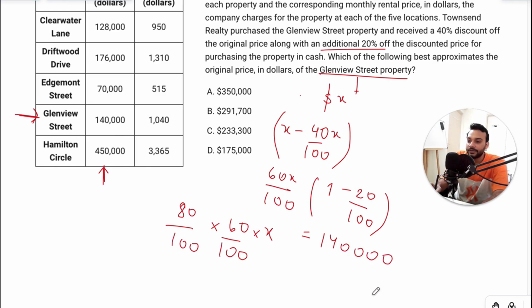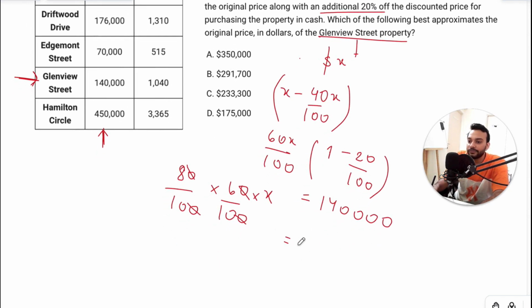So what is the original price? Let's check this. These can be cancelled. This becomes $140,000 multiplied by 100 divided by 48. You can use your calculator to find the answer to this one.